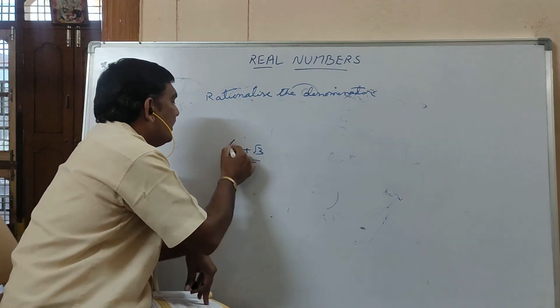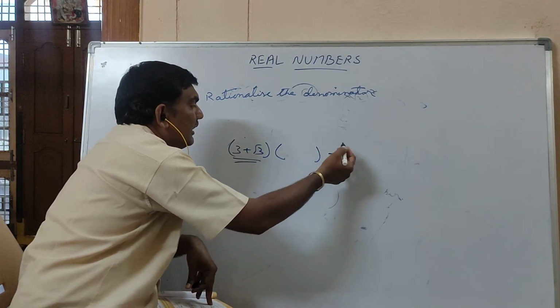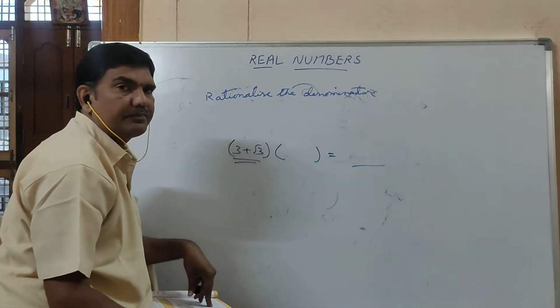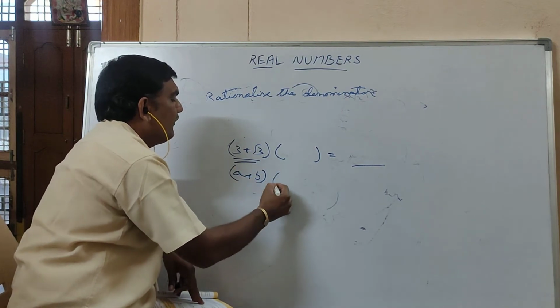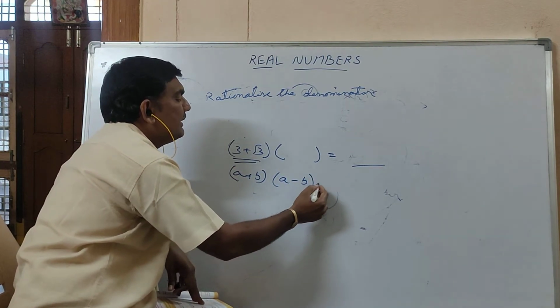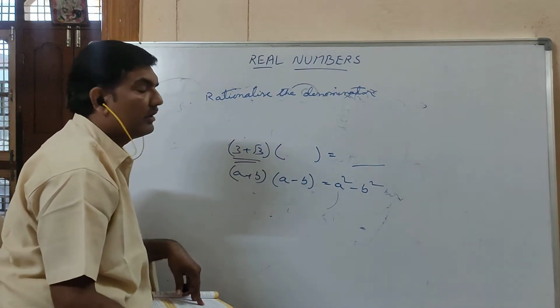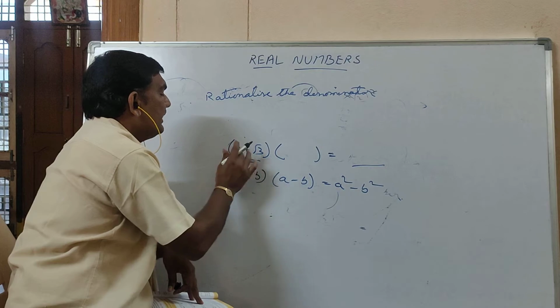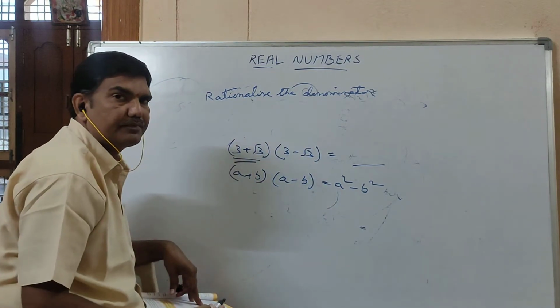So here 3 plus root 3 is there, with which you have to multiply to get a rational number. It is like a plus b. If you multiply with a minus b, you are getting the answer as a square minus b square. 3 plus root 3, its RF becomes 3 minus root 3.